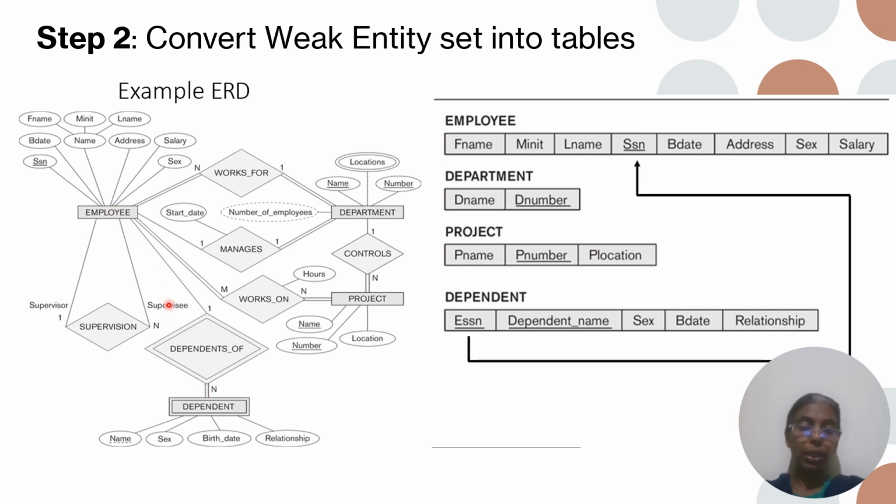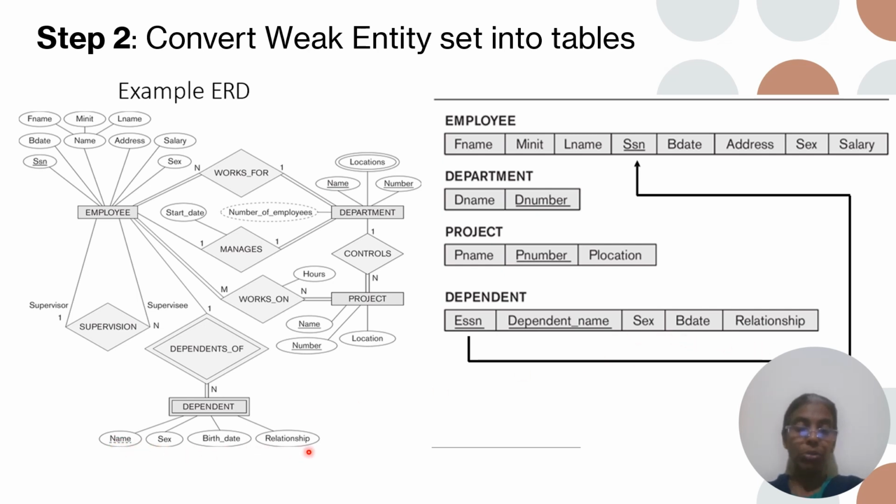So for the Employee entity, we are going to take the primary key of this table. This is the primary table, and in it we have SSN. SSN is the primary key in this Employee table. This primary key will also come as part of the primary key for the Dependent table. Leaving ESSN aside, we have dependent name, sex, B date, relationship.